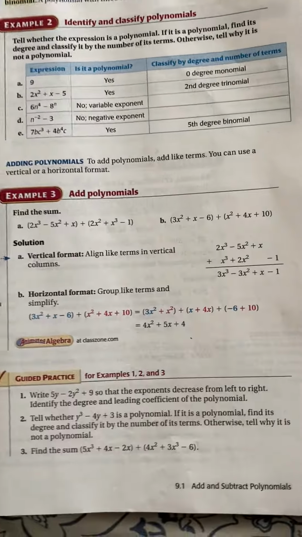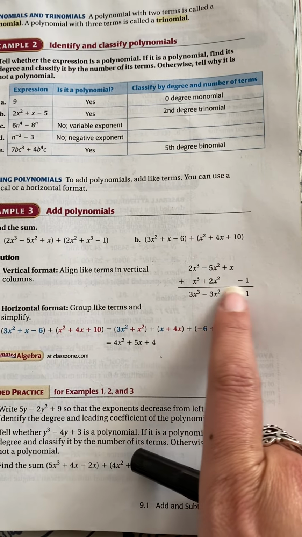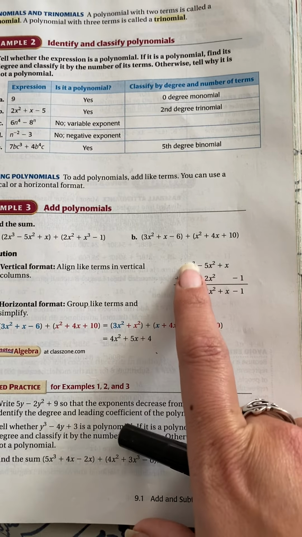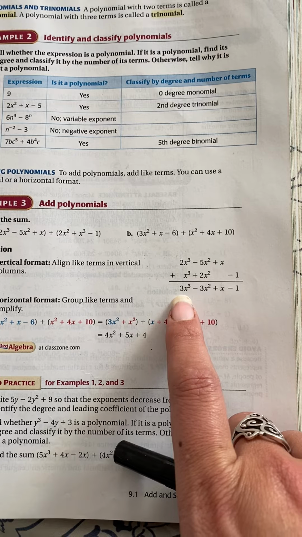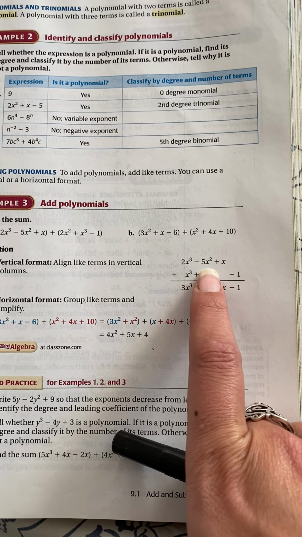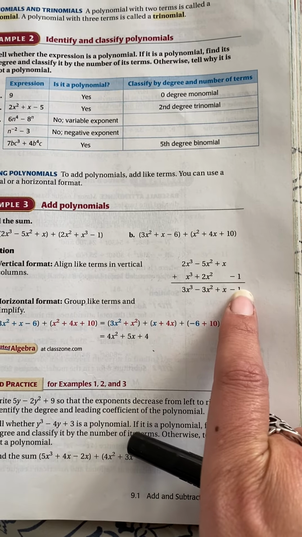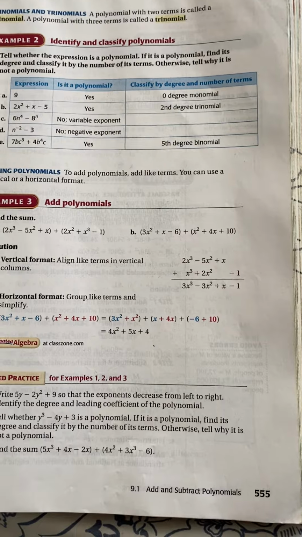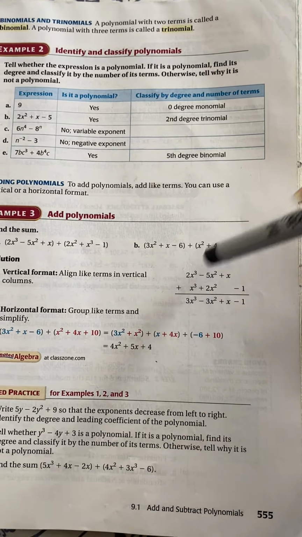So the way that they do it is kind of writing them one on top of each other like that, so that the like terms go together. And we can see 2x cubed plus x cubed is 3x cubed, minus 5x squared plus 2x squared is minus 3x squared, plus x minus 1. That's a great way to keep it all, so you don't lose any, and you can see the like terms going together.